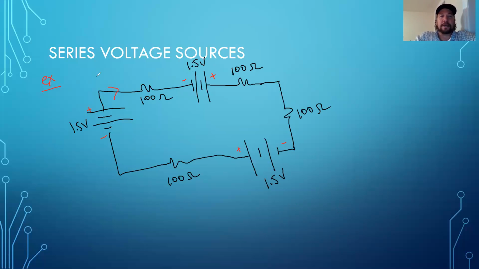So I can guess that the current is most likely going to be going clockwise in this question. And that means that the potential drop across this resistor will be like that, across this one like that, across this one this way, and that one that way, all right?